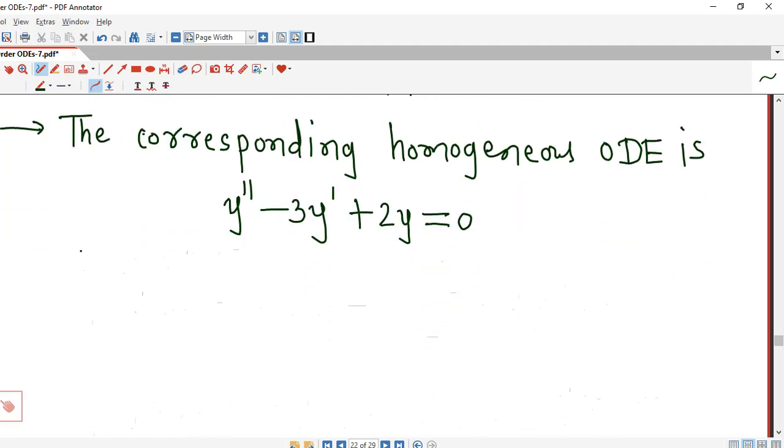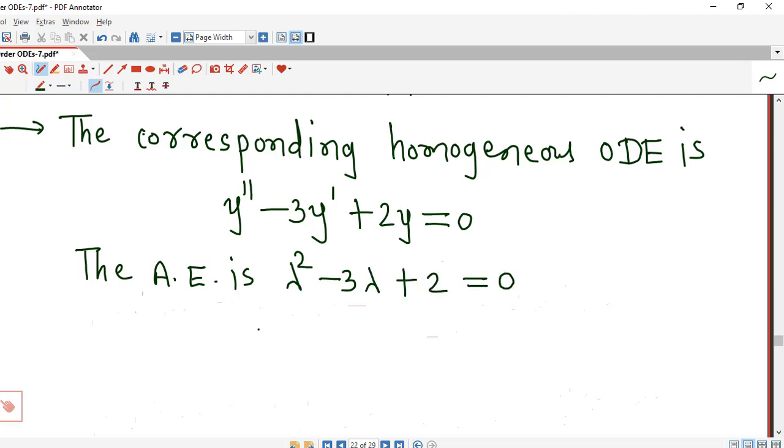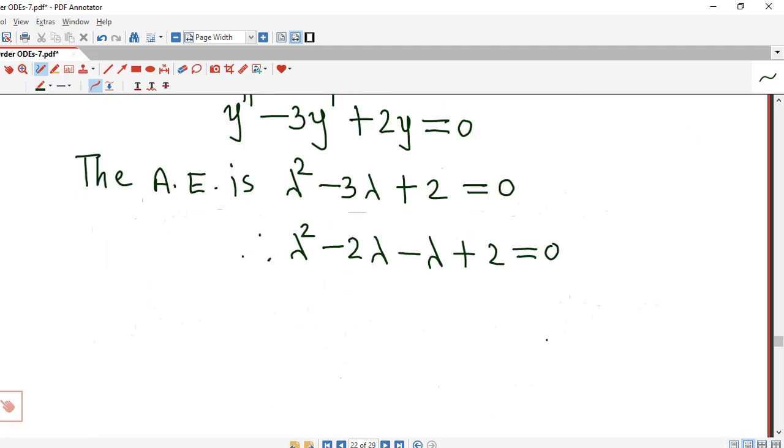To solve this equation, first we have to write its auxiliary equation. The auxiliary equation is lambda square minus 3 lambda plus 2 equal to 0. So this we can easily factorize. We rewrite minus 3 lambda as minus 2 lambda minus lambda plus 2 equal to 0.